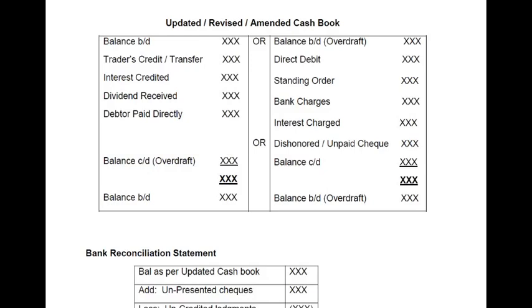For instance, I have an account at the bank, and according to me, I have a balance of $100,000. According to me means in my records, which consist of the cash book. According to my record of my bank account, I have $100,000 in my bank account.